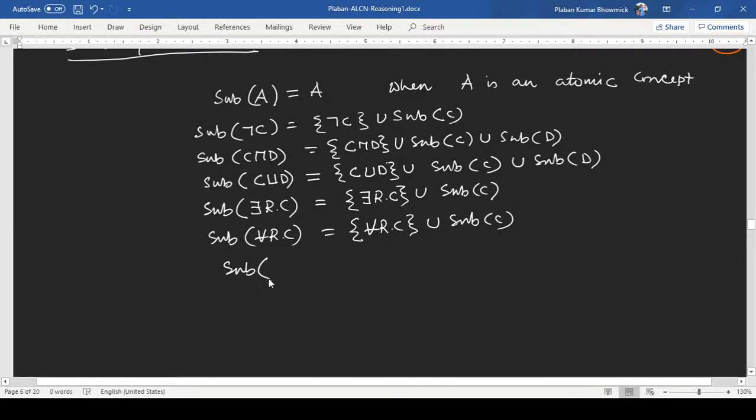What will be the sub of greater than equal to NR? This expression, of course. Will there be anything else? No, because it does not concern any other class expressions, right? Similarly, sub of less than NR will be less than NR, right?